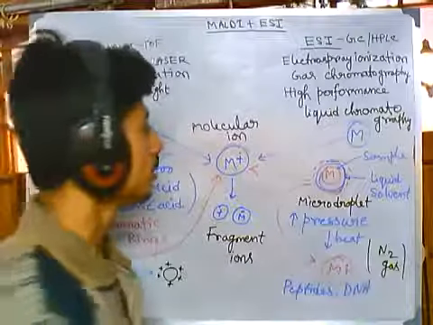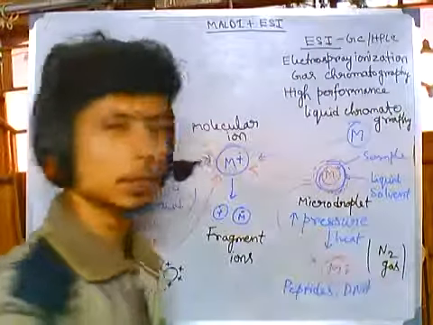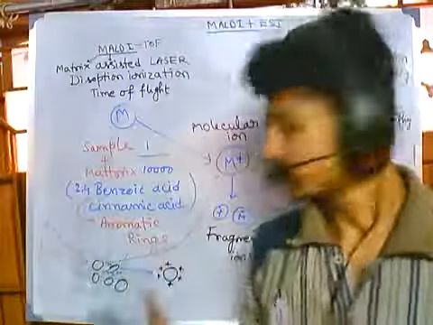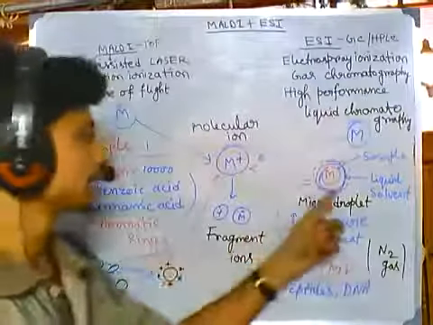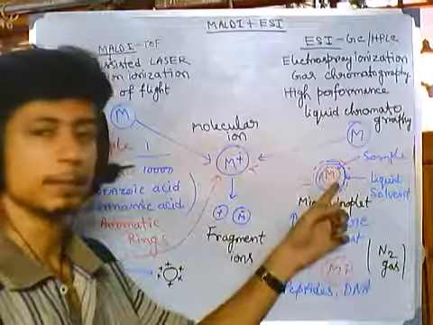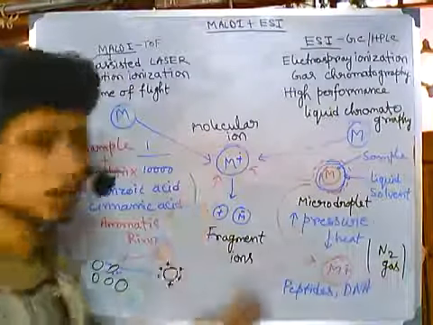So you can utilize this ESI process for large compounds, and this MALDI-TOF process for smaller compounds. You have seen that they differ in their mechanism of producing the molecular ion from the sample, but the rest of the process will be the same.